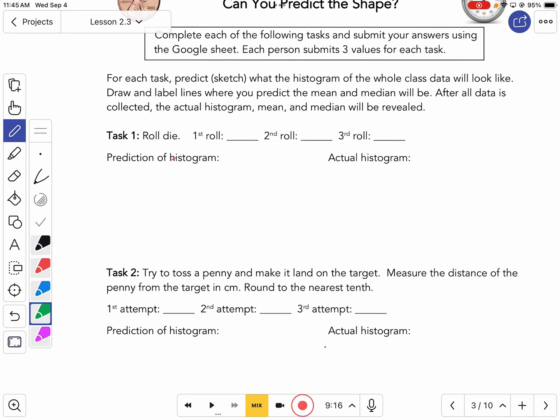We're going to roll a dice for a second. On each table, let's see. If I don't have enough, we'll just share them.